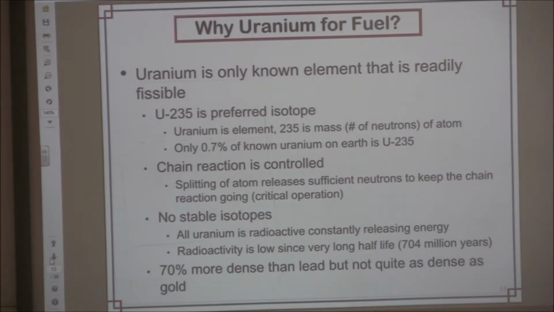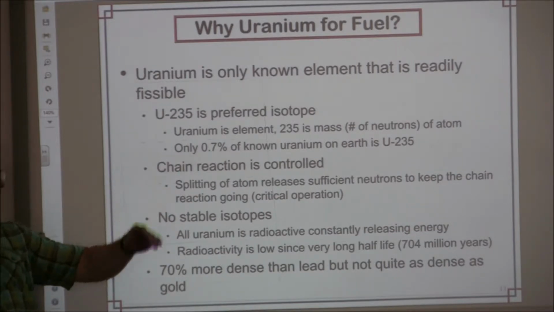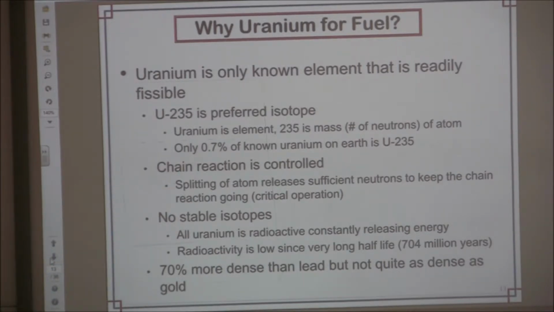Because when you dig it out of the ground, only 0.7% of the uranium you dig out of the ground is going to have the right number of neutrons in the atom. So you enrich it by getting rid of the stuff that's not U-235 and just leaving the U-235. Usually for commercial reactors, it's about 4% enriched uranium. And that's when you use centrifuges to separate the atoms and go from there.